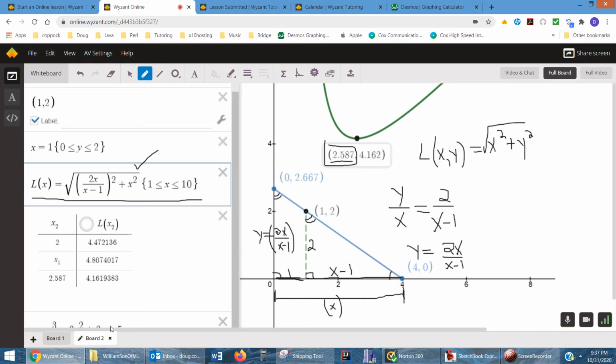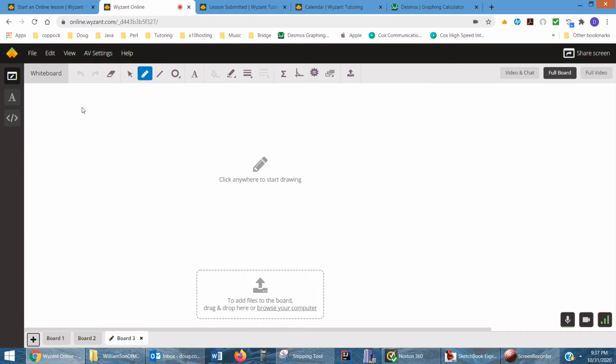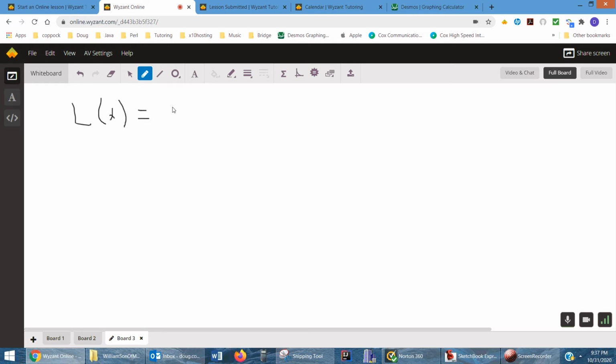Can we do it? Well, if we go to board 3, L of x equals the square root of the quantity 2x over x minus 1, squared, plus x squared, or that to the 1/2 power.